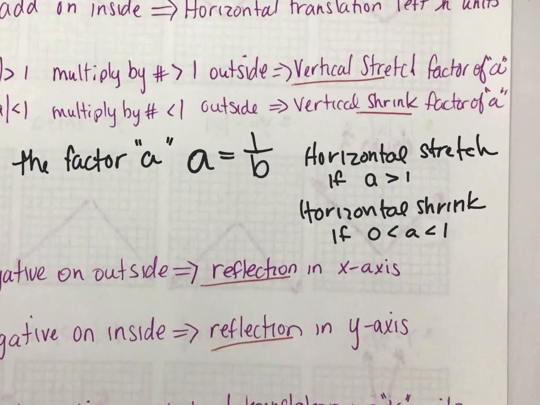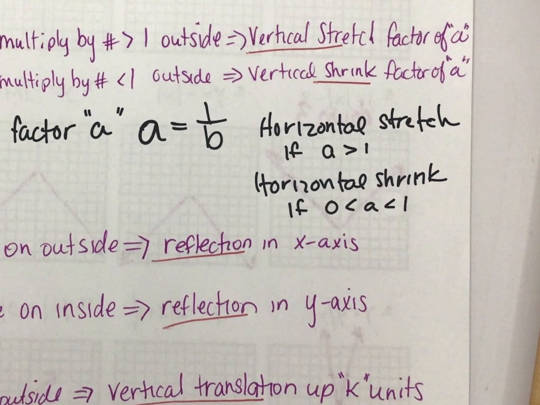Okay, let me zoom in for you. With the vertical shrink and stretch, we talked about when we multiplied by a number greater than 1, it stretched the points away from the y-axis. And then when it was between 0 and 1, it shrunk it closer to the x-axis.